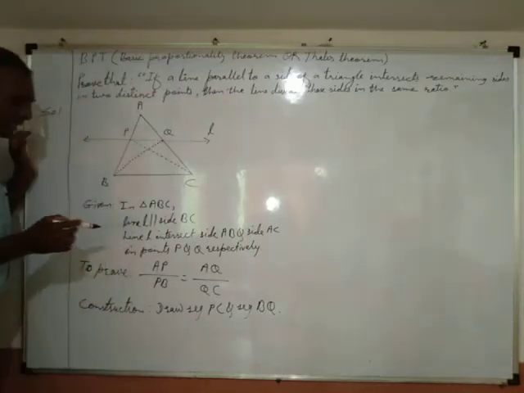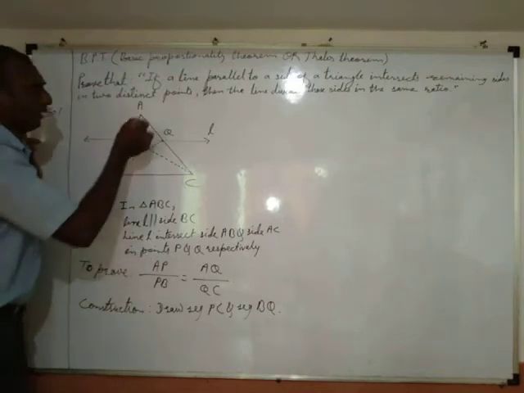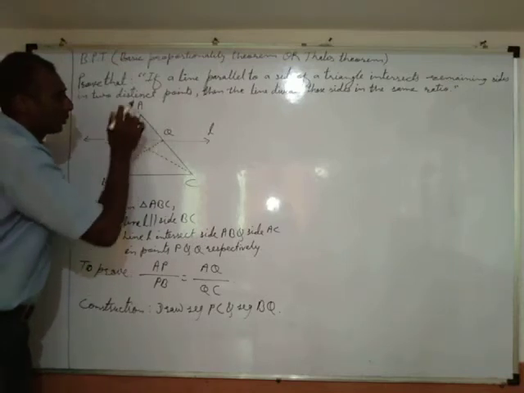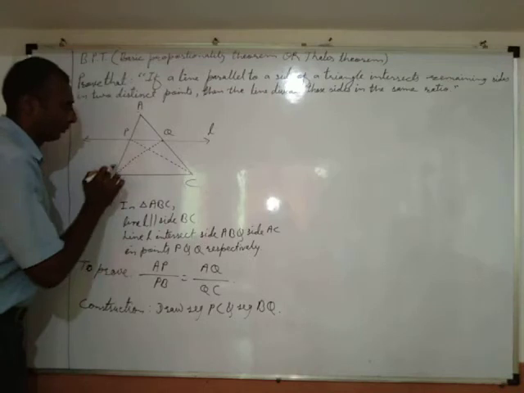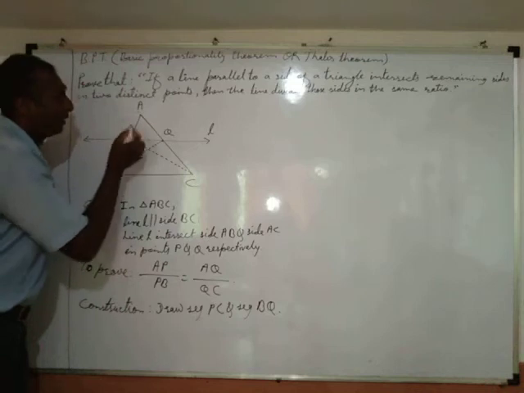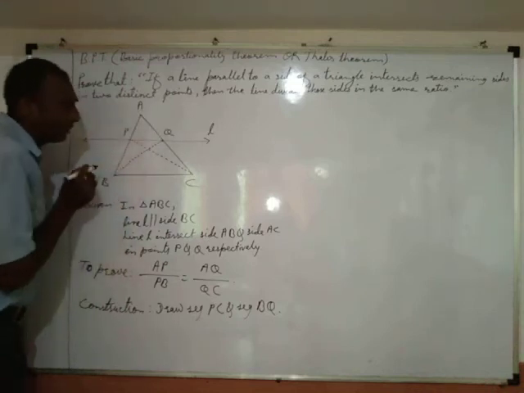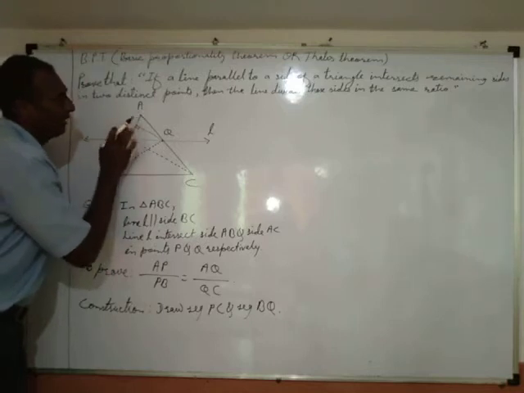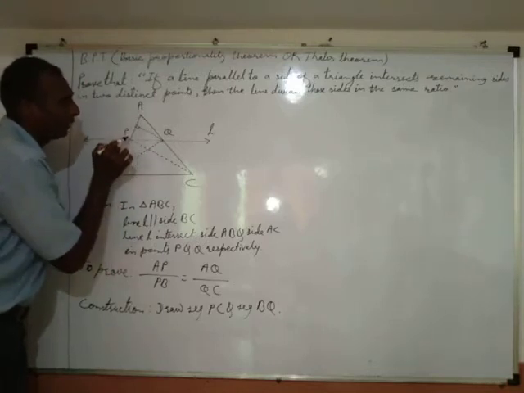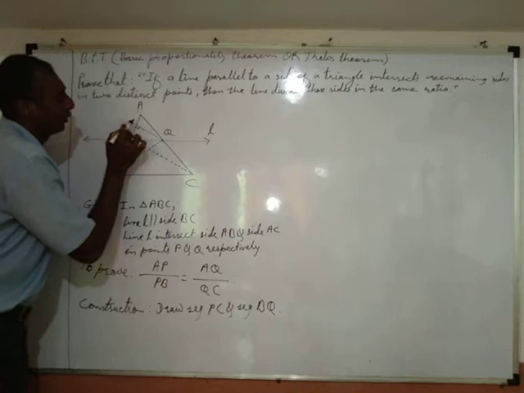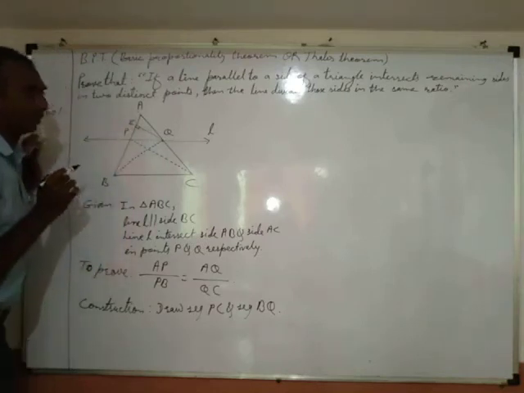As we are interested in AP upon PB, let's consider a pair of triangles APQ and BPQ. In the case of triangle APQ and triangle BPQ, if AP and PB are their bases, their corresponding height we are going to draw through vertex Q. If we draw the height through Q on AP, let us call it QE.